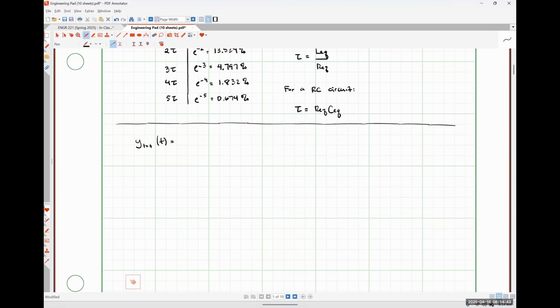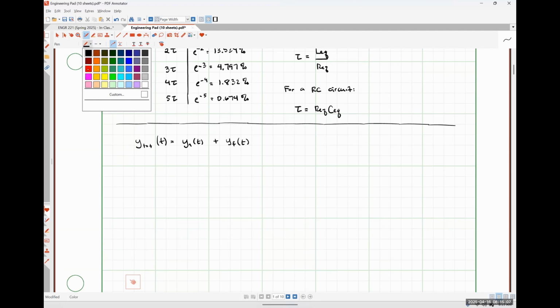And it is simply going to be the sum of our natural response, which is what we dealt with on Monday, and what I'm going to call our forced response, which is what I'm going to call Y sub F as a function of time, okay?